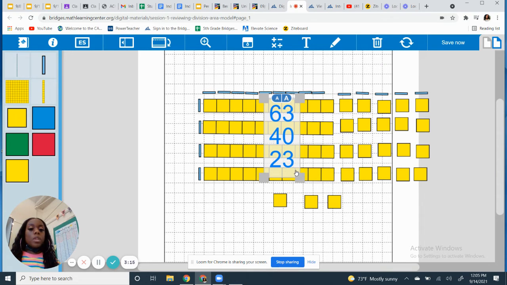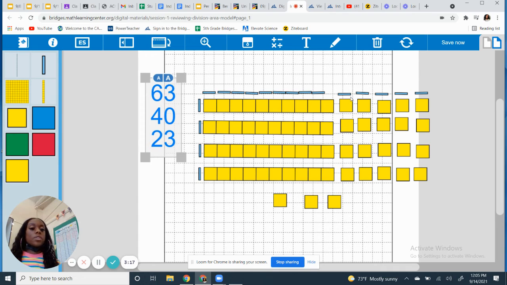Hold on. And just imagine that these are not here in the corner. So because we have 23 left, now we're going to think, 23 is not the most friendly number. So let's go down to 20, right? 20 is a friendly number.